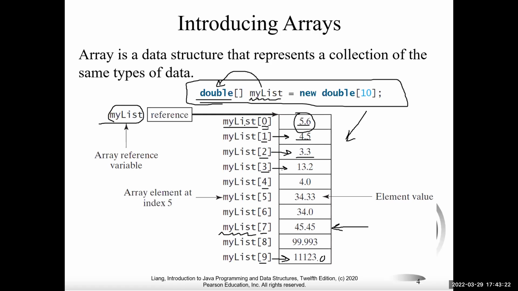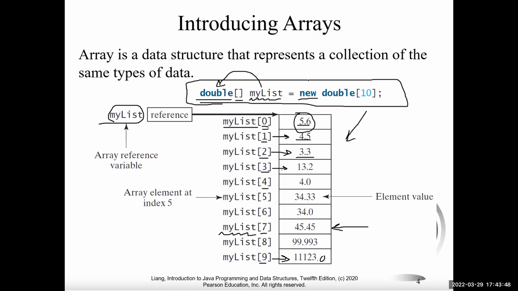When you declare it, you'll say this array will be created of type X, let's say double or integer or strings or characters, whatever you want. Then the square brackets tell the compiler we are about to declare an array of type double. The name is myList, and here we are actually creating.